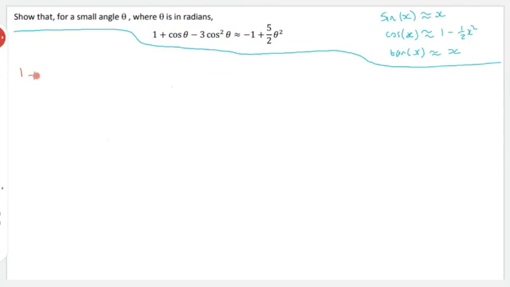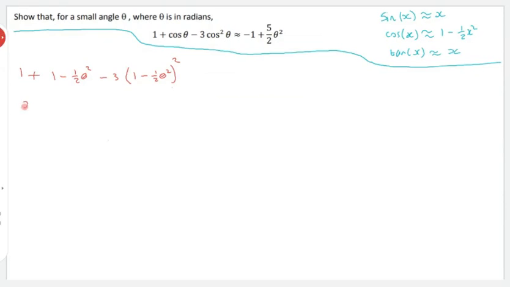So cos theta becomes 1 minus a half theta squared, minus 3 lots of, and then cos squared theta is 1 minus a half theta squared. Then that becomes 1 plus 1 plus 1 is 2.